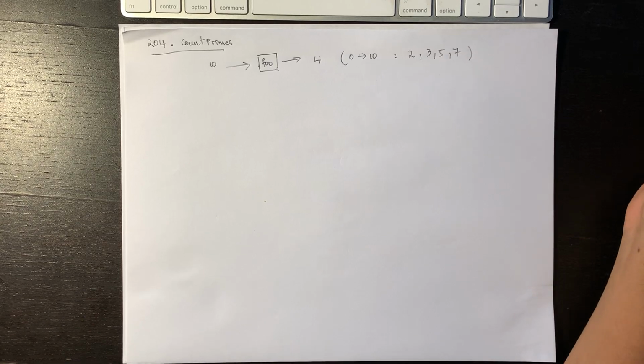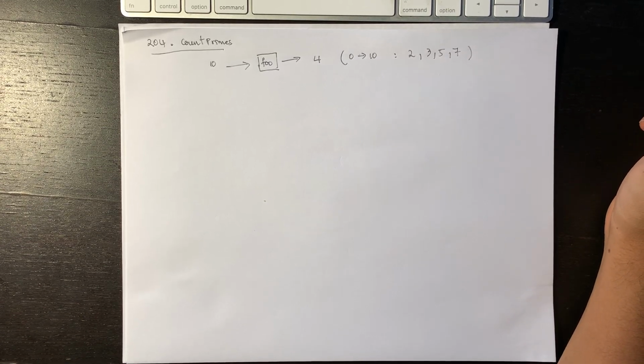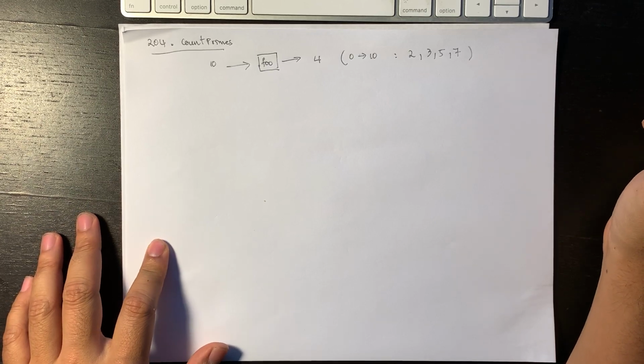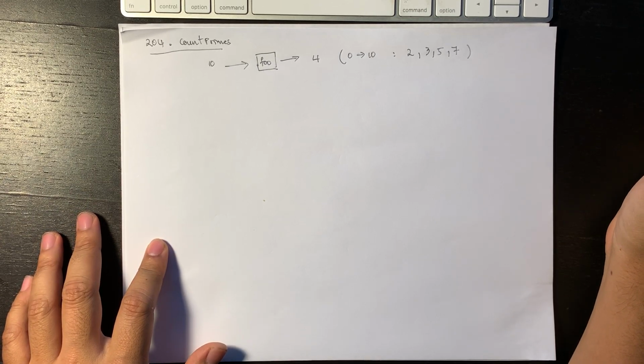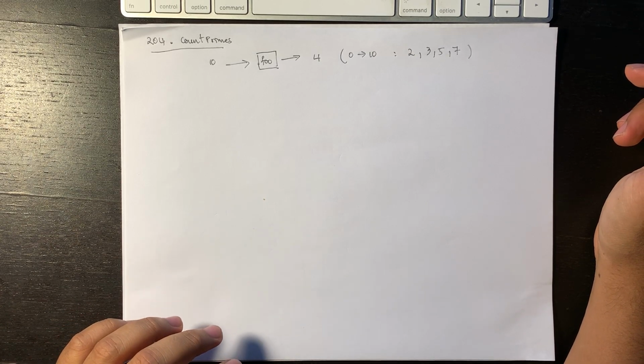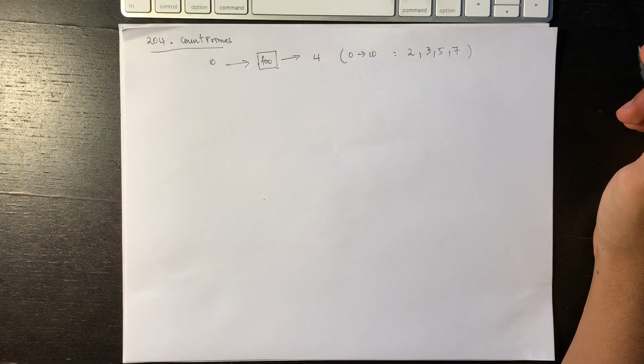Is this easy? How do you determine if a number is a prime number or not? This is a question that reminds me of the math class that I took in elementary school.